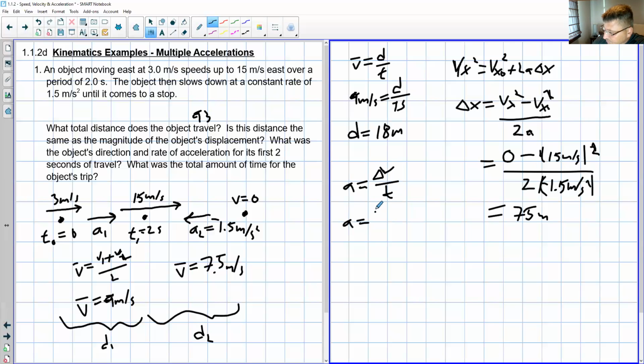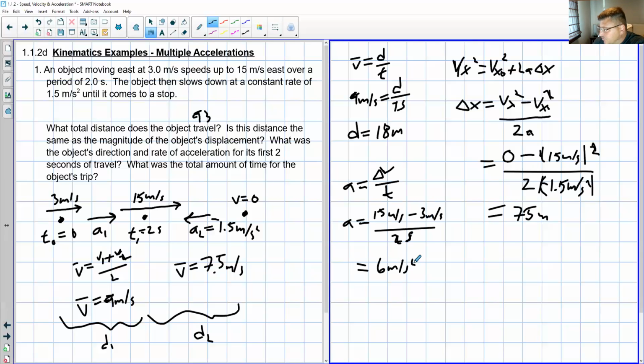So final velocity, 15 meters per second, minus the initial velocity, 3 meters per second, over t, 2 seconds, right? So 15 minus 3 would be 12, divided by 2, 6 meters per second squared.